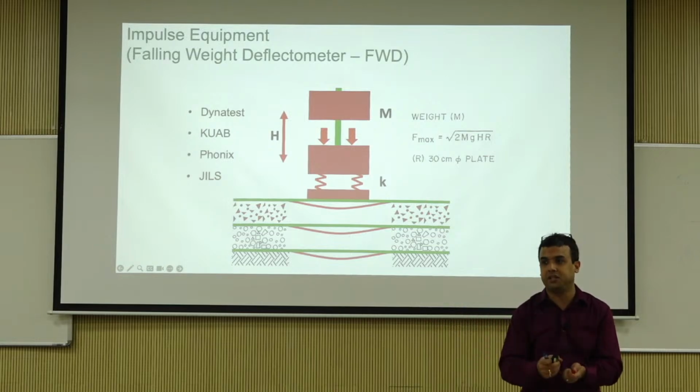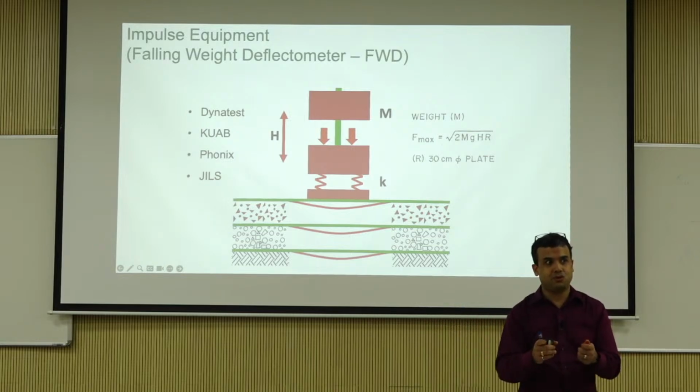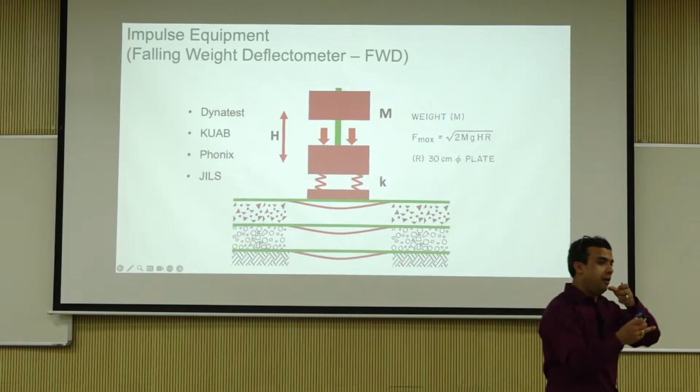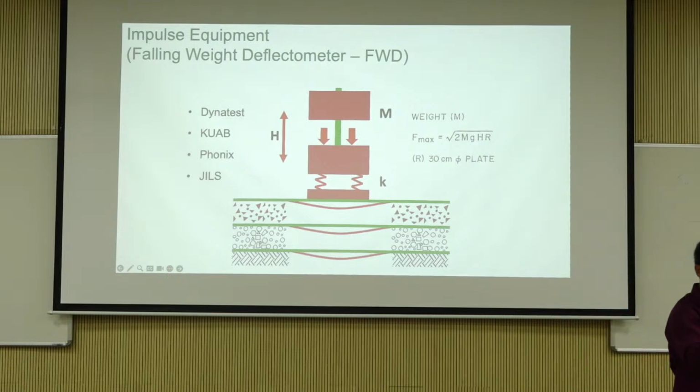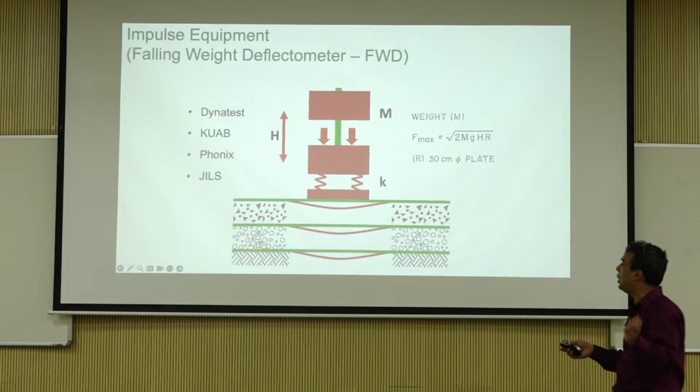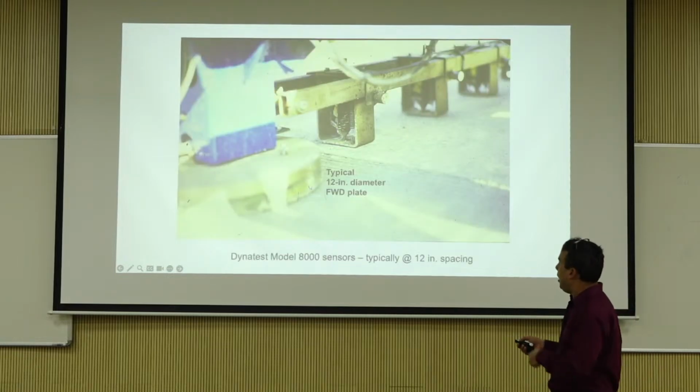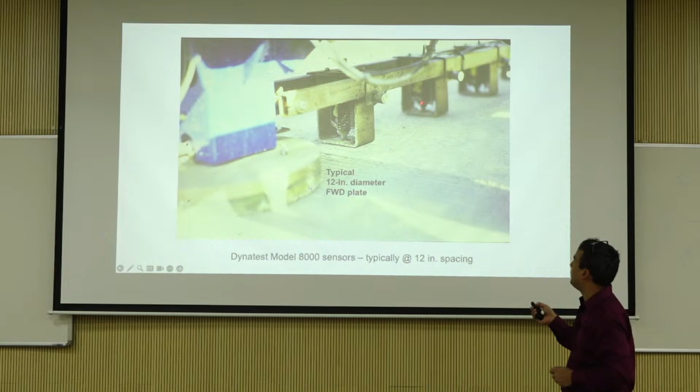You're basically punching it. So you have to have some kind of padded contact that dissipates the stresses properly and simulates more like a pressure. What is the pulse width as well? How much should the pulse be? There is a lot of research that goes into it that we don't have time for. But this is how deflection is measured.